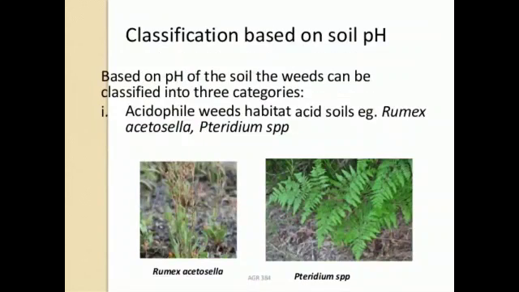Then the next one is classification based on soil pH. Based on soil pH, weeds can be classified into three categories: acidophiles, neutrophiles, or basophiles. Acidophile weeds grow in acid soils. Examples are Rumex acetosella or Pterygium.